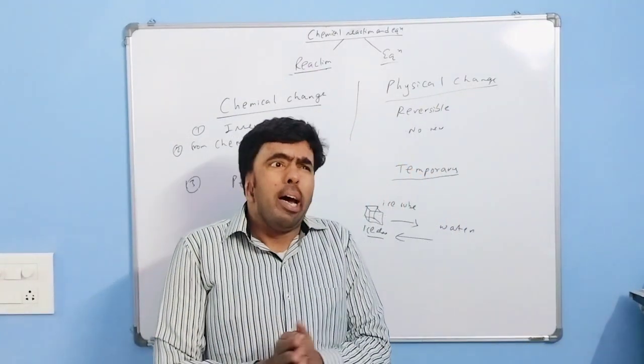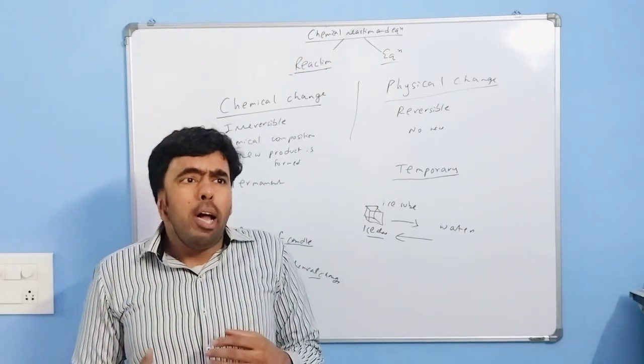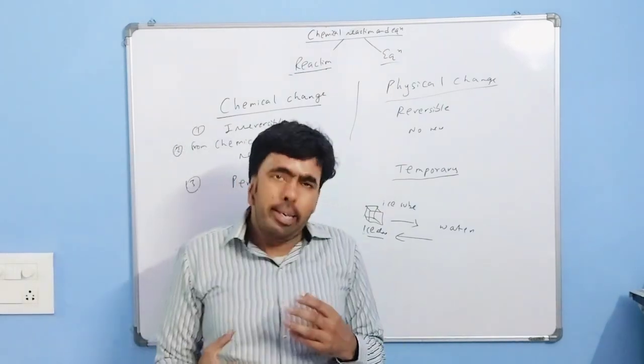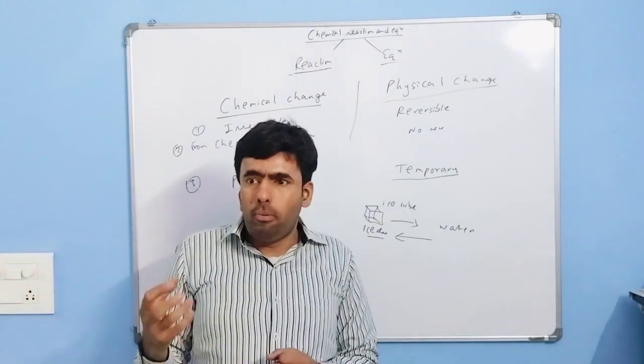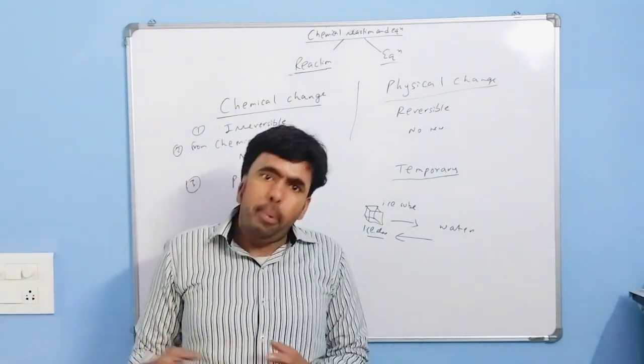In earlier classes we have studied how the photosynthesis process occurs, how plants produce their food with the help of CO2 plus water.